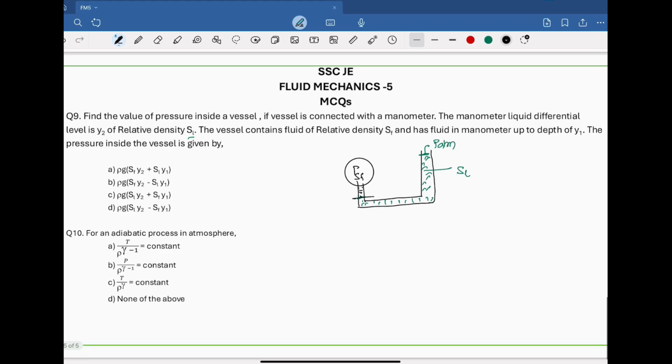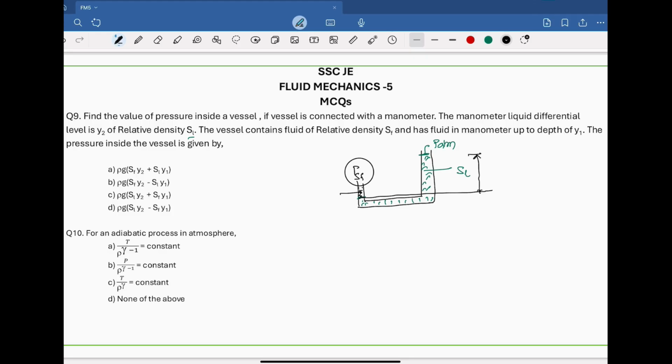This is the height which I have explained to you previously in the manometers section in the last lecture. This height is the manometer liquid differential level. This liquid is different.